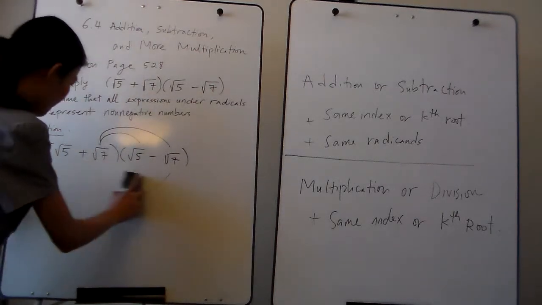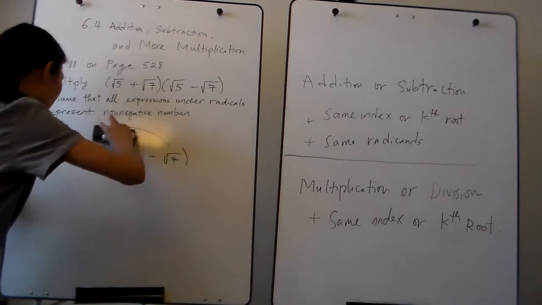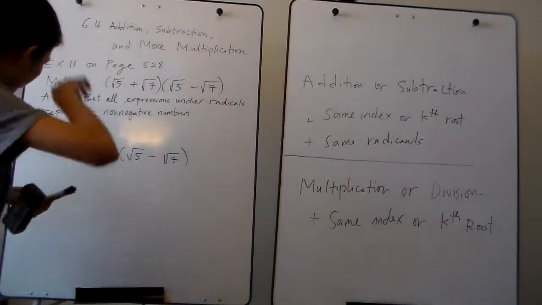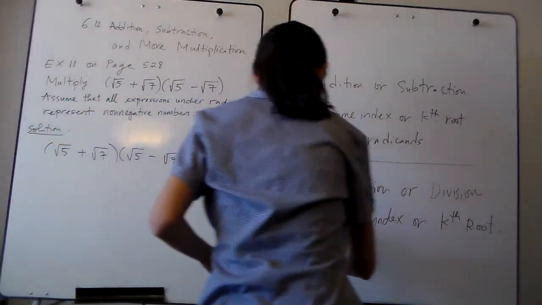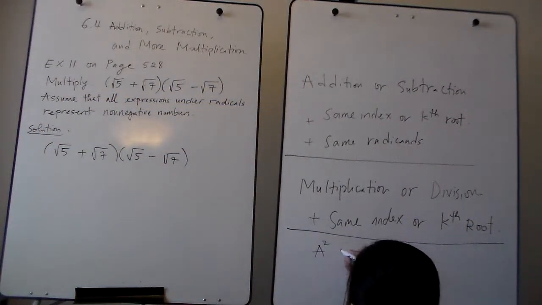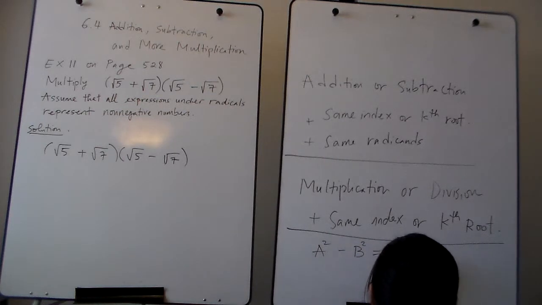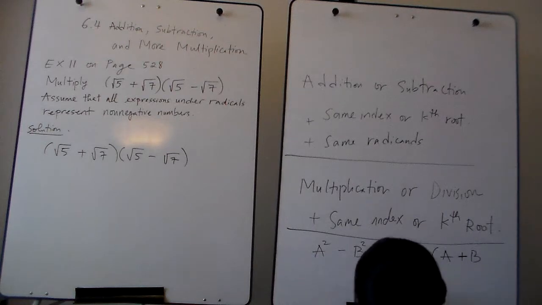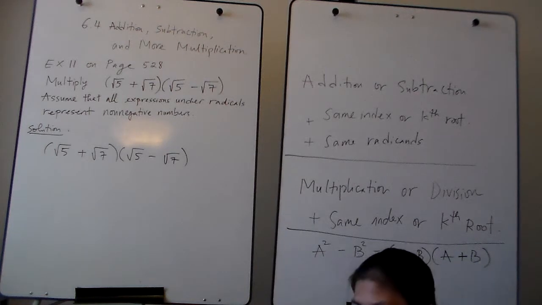If you recall, we learned the formula called difference of squares. When you have a squared minus b squared, you can factor this into a minus b times a plus b. We learned this formula earlier.